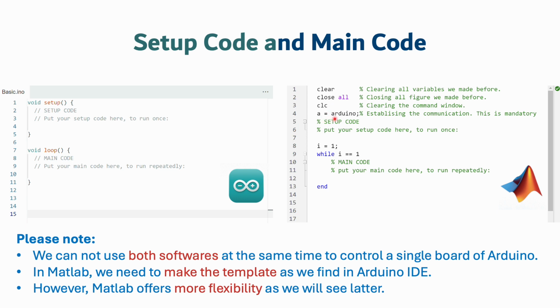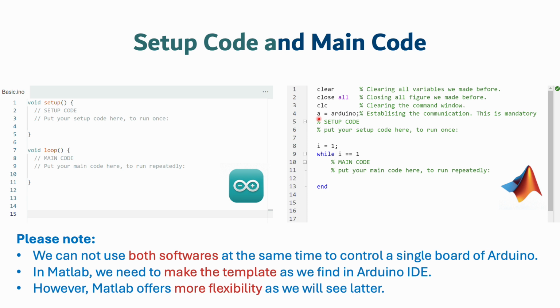a equals arduino is the key. Without this, MATLAB will not be able to recognize the hardware, because Arduino is a strange object to MATLAB. So what we do is introducing or declaring the hardware as a variable.